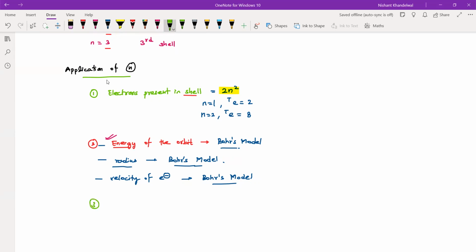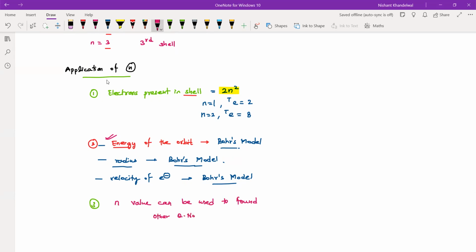The third thing is that the value of n can be used to find other quantum numbers.